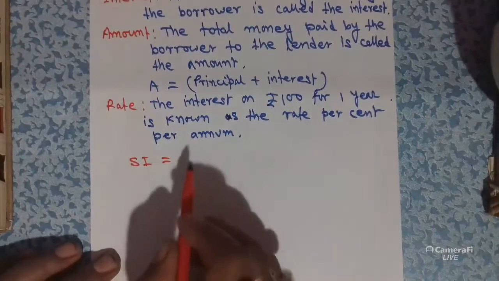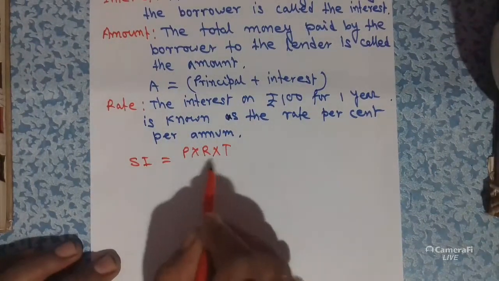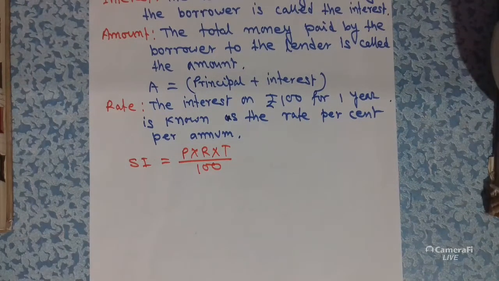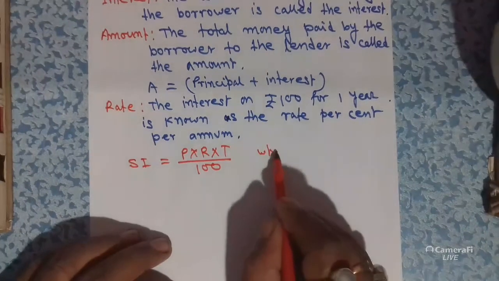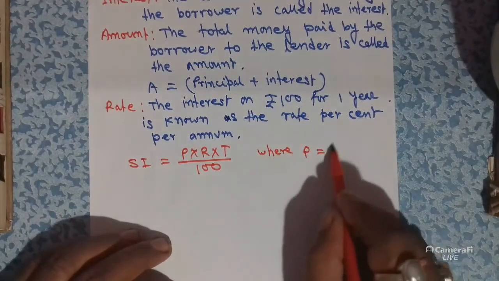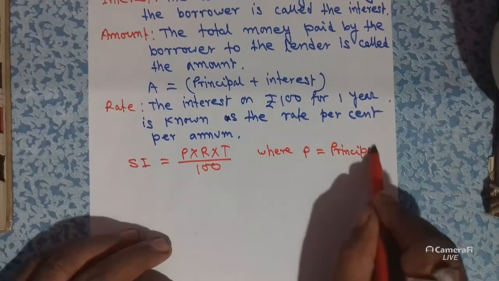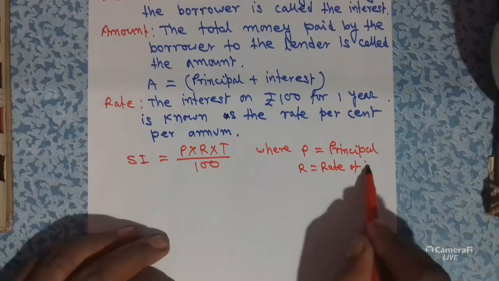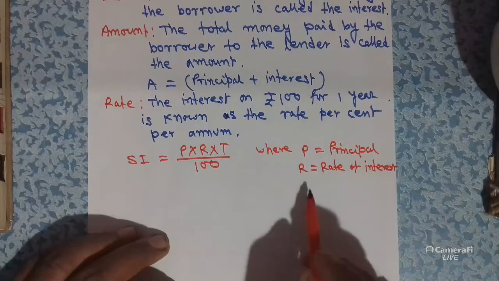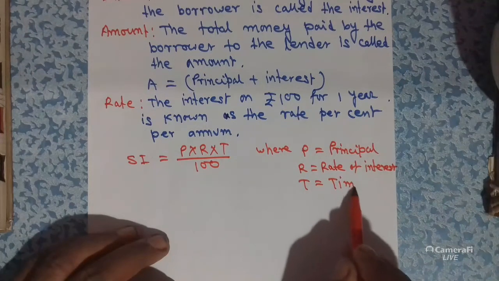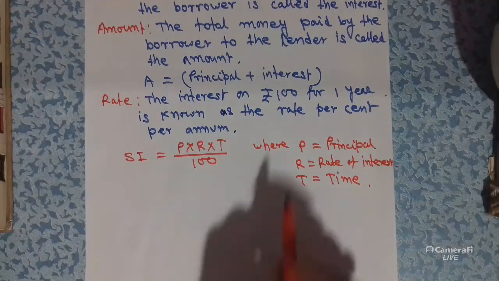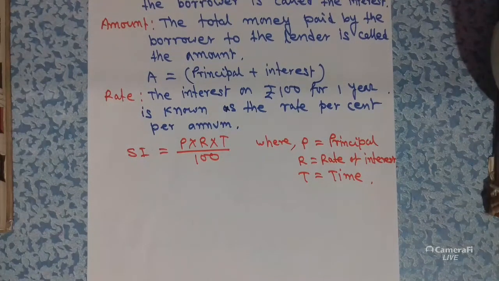SI is equal to PRT by 100, where P is principal, R is rate of interest, and T is time. So you have to remember this formula.